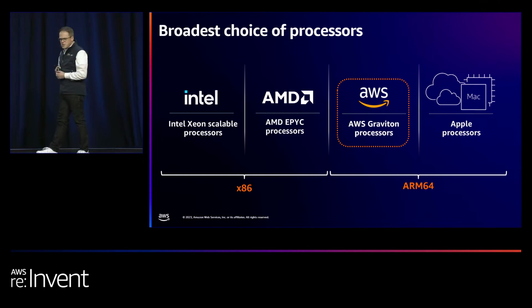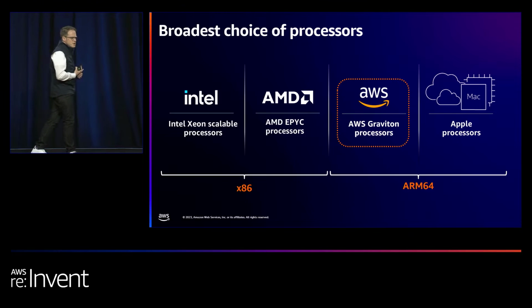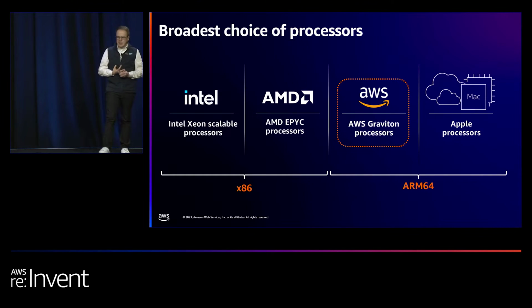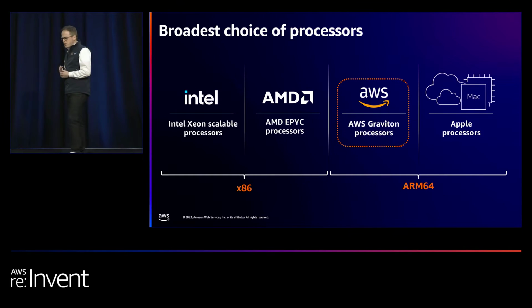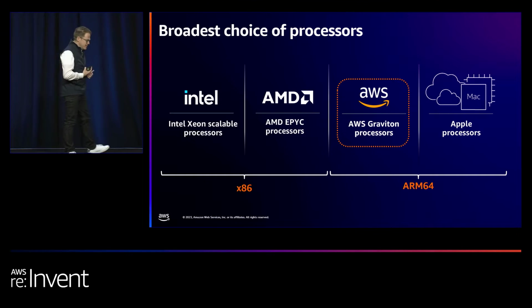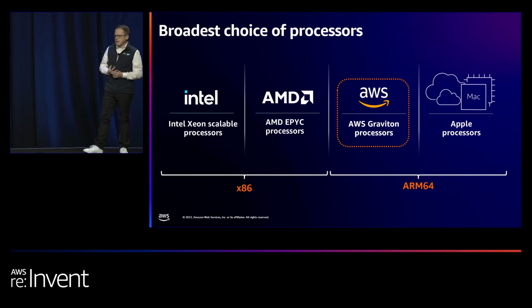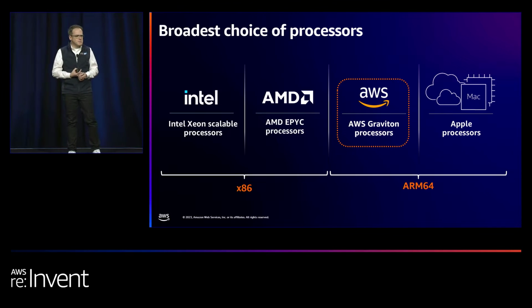And then customers started asking us, have you guys ever considered building your own chips? Really pushing us on price performance. And of course, the partners that we work with very closely told us how complex it is, and it is absolutely complex. But we continue to listen to customers and the reasons why. And so we started to partner with a little-known company called Annapurna Labs, based out of Israel.